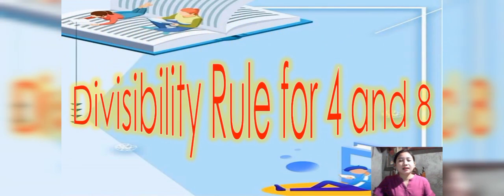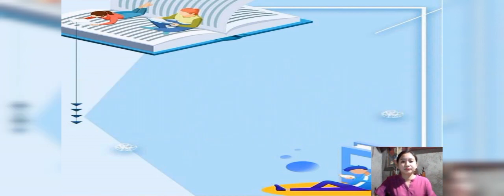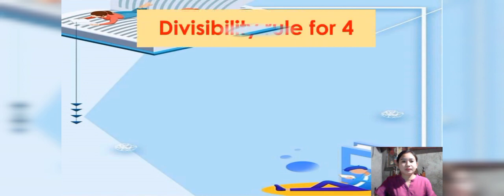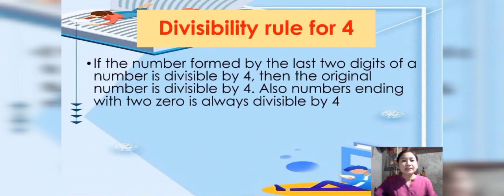Now, let us discuss the divisibility rule for 4 and 8. Divisibility rule for 4: a number is said to be divisible by 4 if the number formed by the last two digits of the number is divisible by 4, then the original number is divisible by 4.